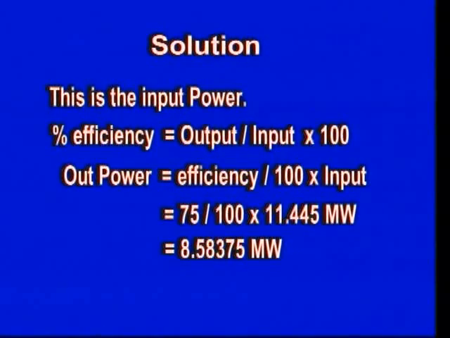As we know the definition of efficiency, percentage efficiency is equal to output by input into 100, so output power will become efficiency by 100 into input. So 75 by 100 into 11.445 megawatt. So output power is 8.58375 megawatt. So this is the power obtained.